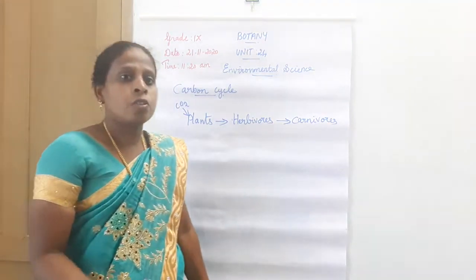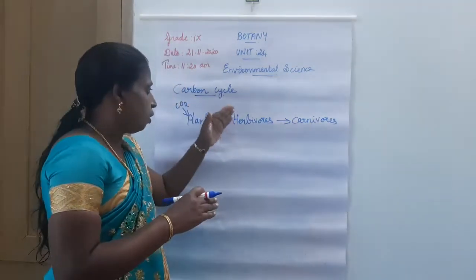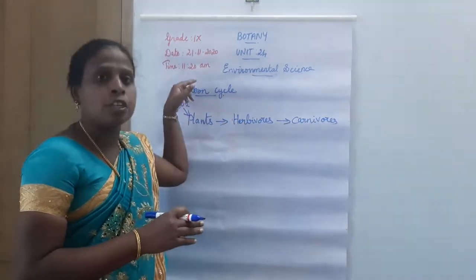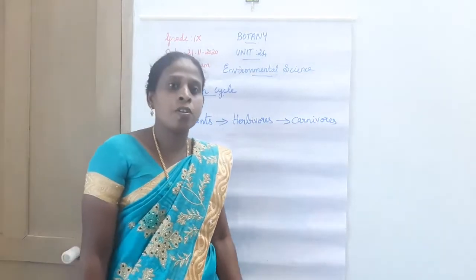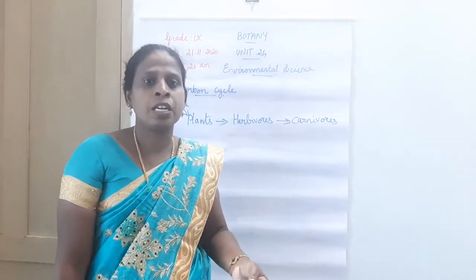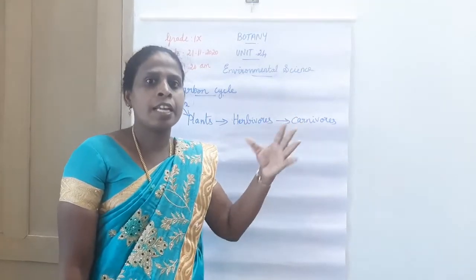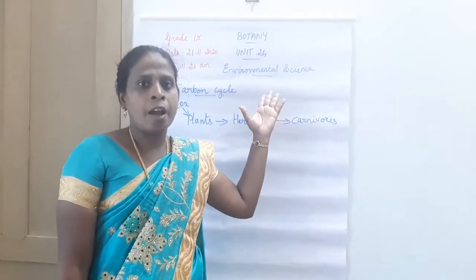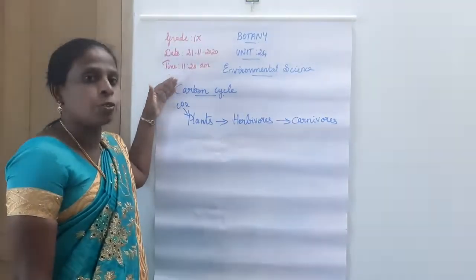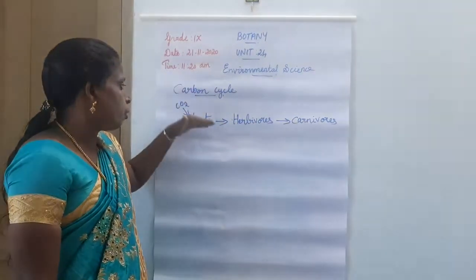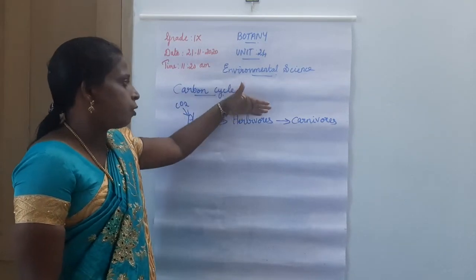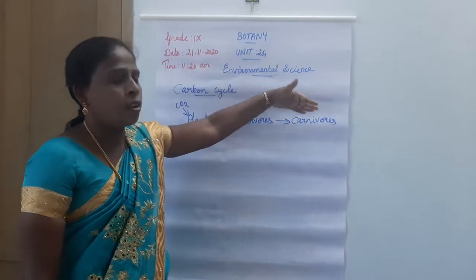During decomposition, carbon dioxide is released to the atmosphere. And also when fossil fuel is burned, carbon dioxide is released to the atmosphere. So the carbon dioxide released to the atmosphere enters the plant body during photosynthesis. Then it is transferred to the herbivores and carnivores.